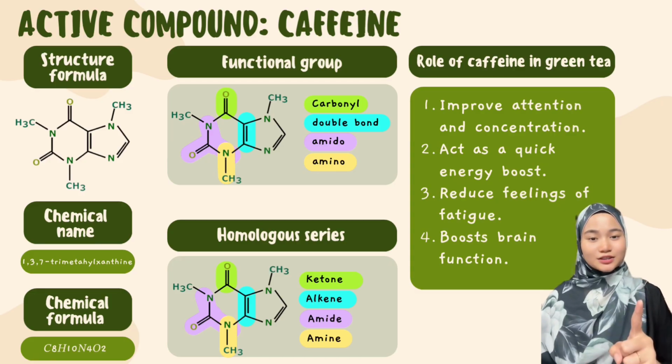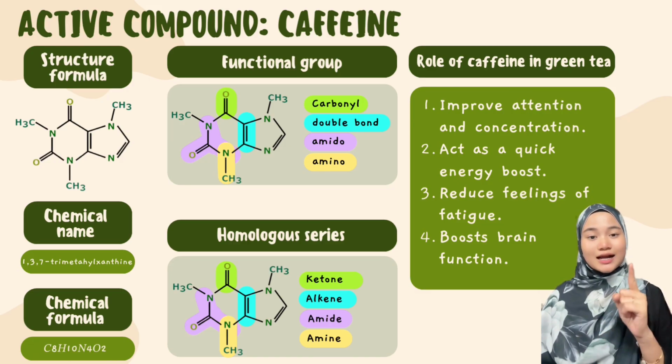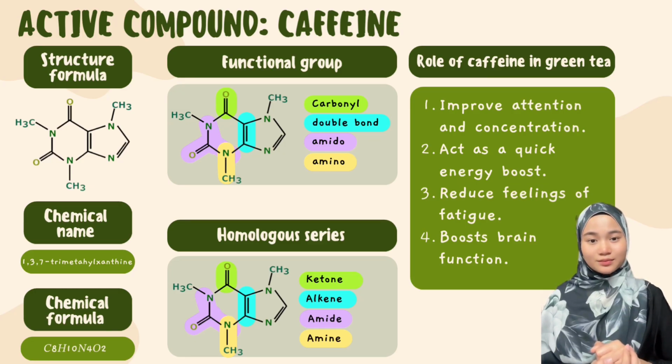Amine has a functional group called amino. How do we know it's amino? If the nitrogen is bonded to an alkyl group or hydrogen, that is how we know it's amino. In this caffeine structural formula, nitrogen is attached to an alkyl group or a branch named methyl. So that is how we know it's amino.